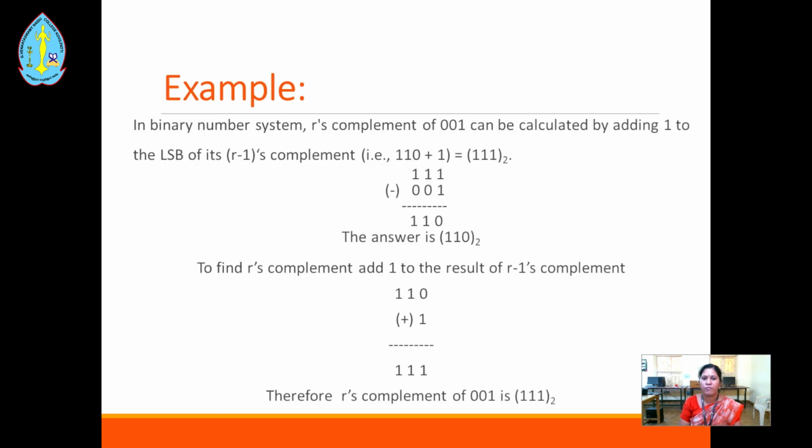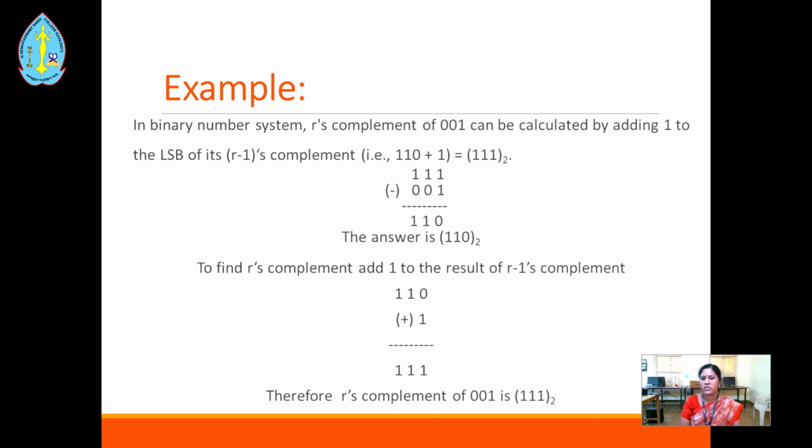So in the binary number system, the r's complement of 001 can be calculated by adding 1 to the least significant bit of the r minus 1's complement. First we find the r minus 1's complement value. The example we have already seen, we take it again. We subtract 001 from 111 and get the answer 110.